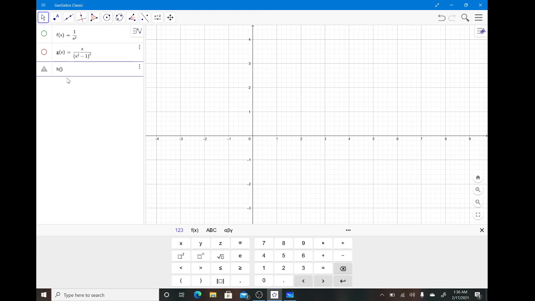So you have h of x, and the original function was x squared minus 4x plus 3, all divided by x squared minus 1. Okay, so this is what it looks like.